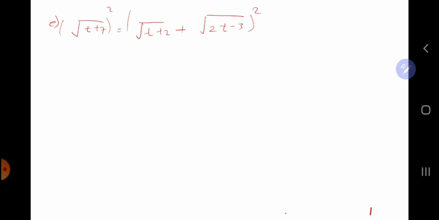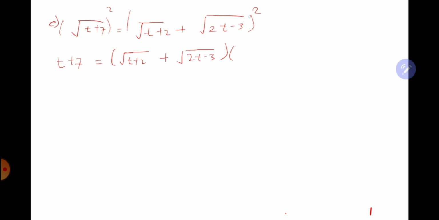So we have square root of t plus 7 equals square root of t plus 2 plus square root of 2t minus 3. We square both sides. We will get t plus 7 equals, I just rewrite again, square of square root of t plus 2 plus square root of 2t minus 3.